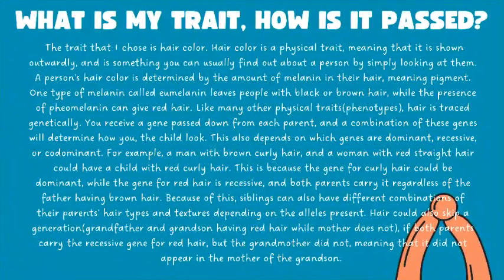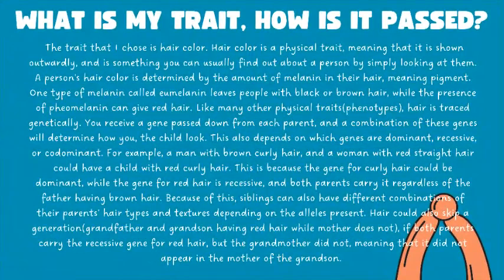This is because the gene for curly hair could be dominant, while the gene for red hair is recessive, but both parents would carry the recessive gene regardless of the father having brown hair. That just means that the father also carries a dominant gene for brown hair, while the mother only carries two recessive genes for red hair.